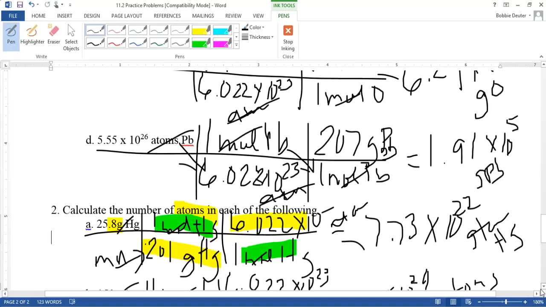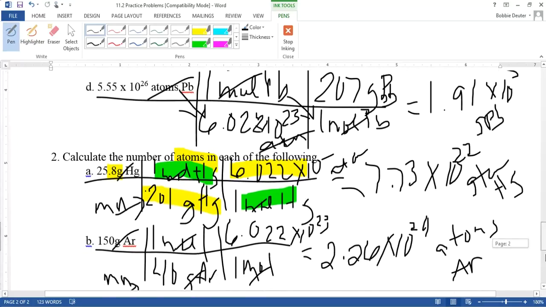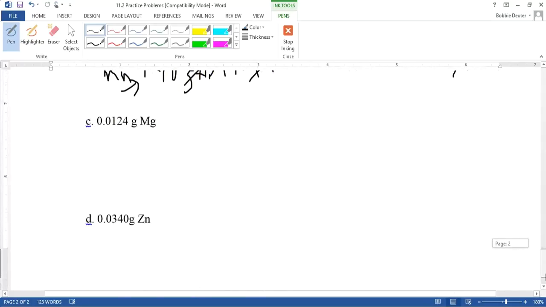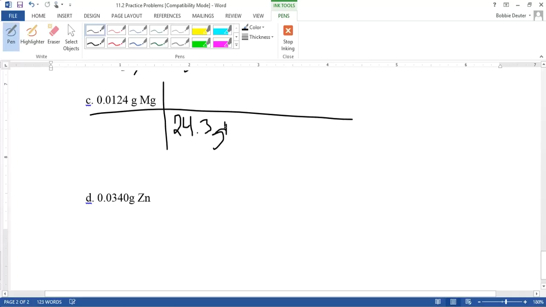So with this, let's go down. Let's do the last two problems on here. Okay. So now we're given grams. We're going to atoms. So we look at our periodic table. We find that magnesium is 24.3 grams. We put 1 mole on top. Canceling out here. We put 1 mole here.